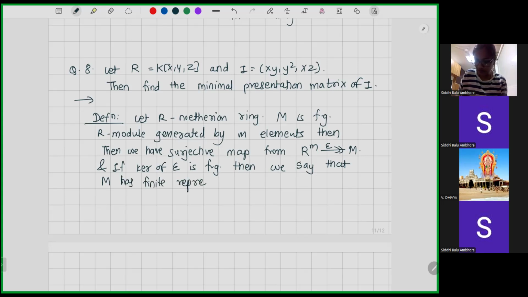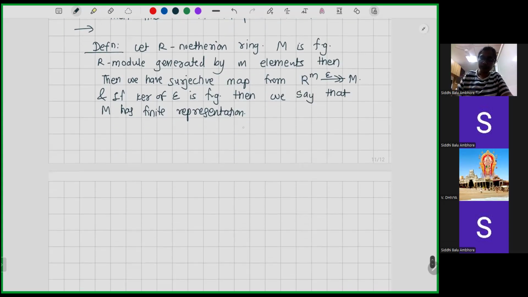So R^m to M we have, and again the kernel is finitely generated. So the kernel of epsilon is here, we have this inclusion, but now again this is finitely generated. So there exists some n such that from R^n to the kernel of epsilon we have this surjective map.